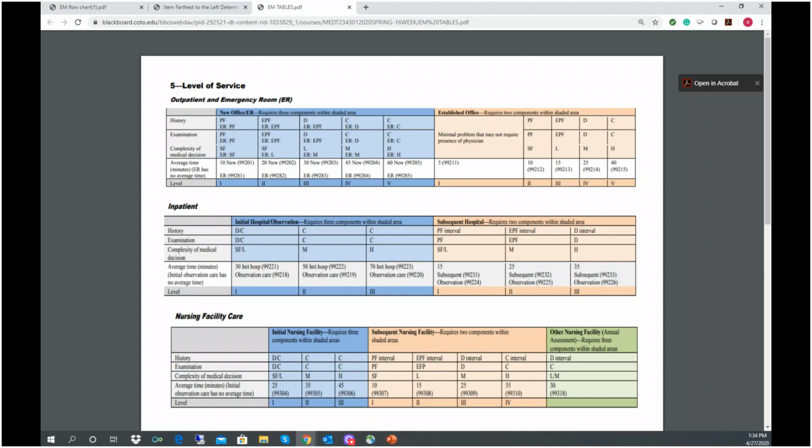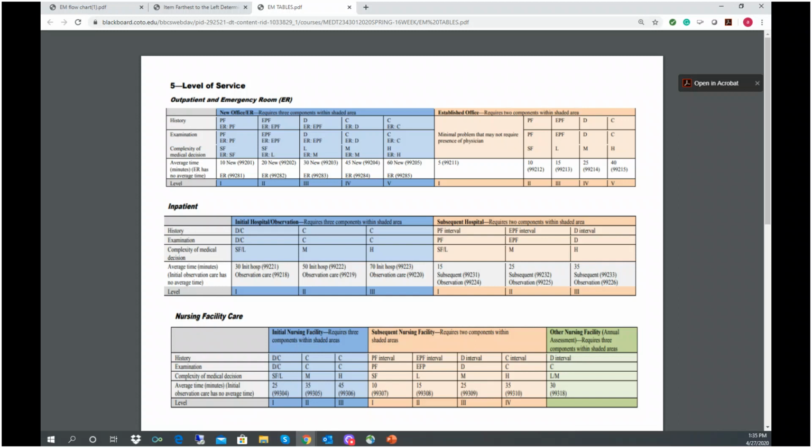You can do process of elimination by making sure that the evaluation and management codes that are for the wrong location, you go ahead and mark those out and then review the information. Is it new or is it established? From there, you would select the right visit based on that.